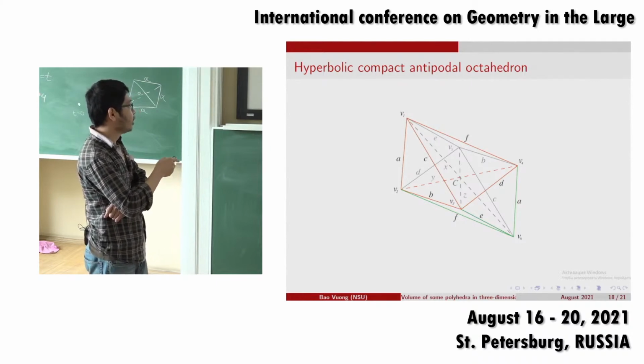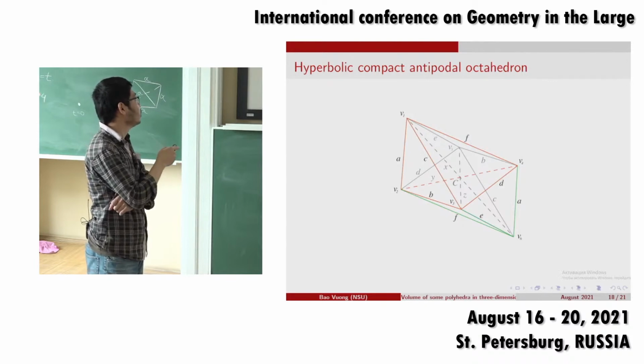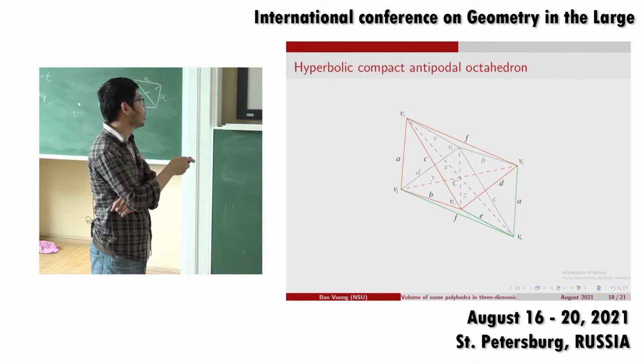So to compute the volume of the compact antipodal octahedron, we can forget the lower part and only consider the top part, which is a pyramid.